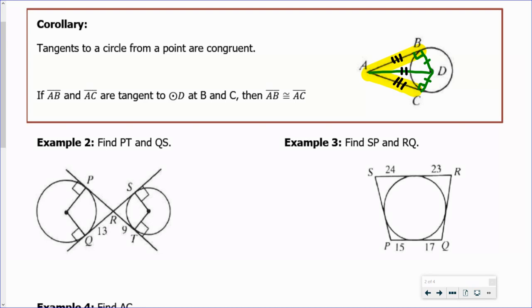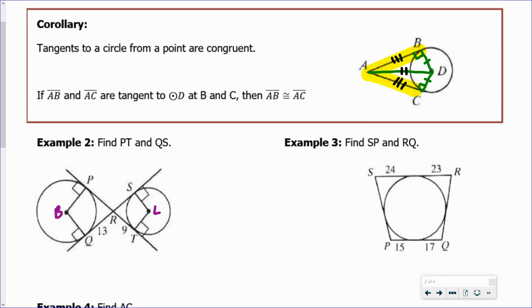So let's take a look at example number 2 first. What I'm going to do is name the centers of these circles. I'm going to call this B, call this L. So if we look here at circle B, you see that we have this 90-degree angle at the point of intersection of line PT and circle B. So that means that PT is a tangent.